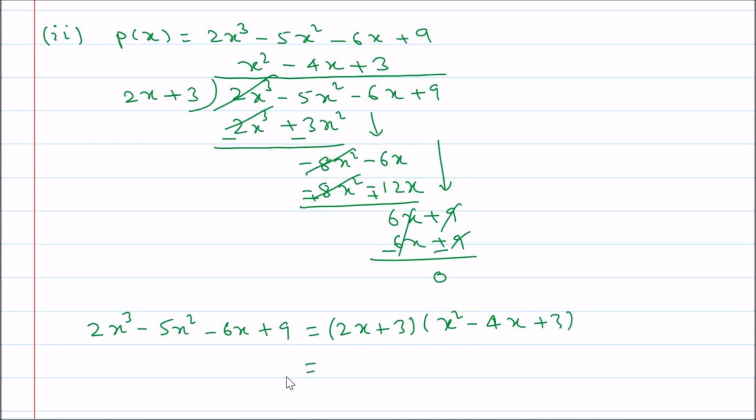Now the quadratic part we can factorize. So if you factorize that, we get (2x plus 3)(x minus 3)(x minus 1).